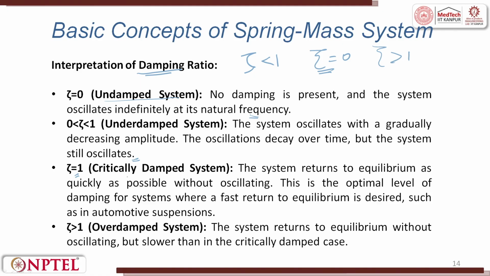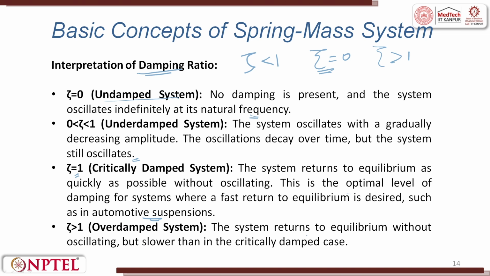That is called a critically damped oscillation. This is the optimum level of damping for systems where a fast return to equilibrium is desired, such as in automobile suspensions. When it is greater than 1, it is called overdamped.